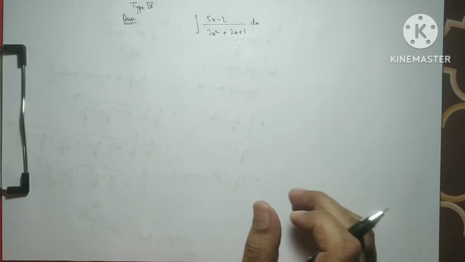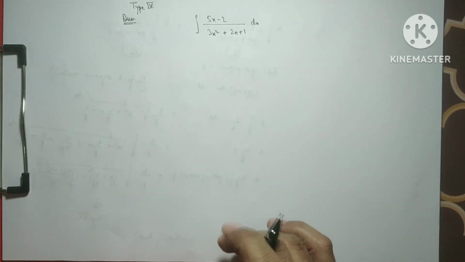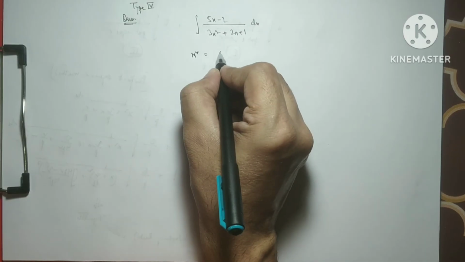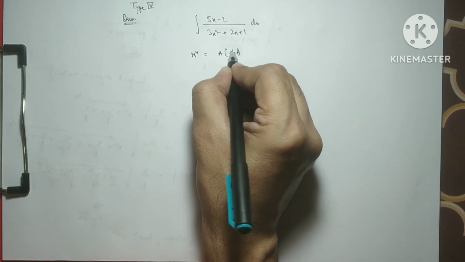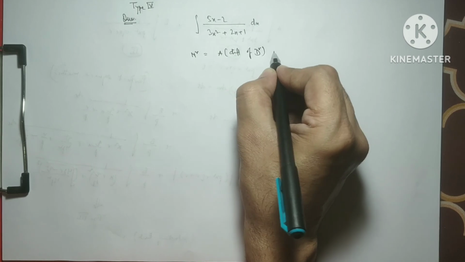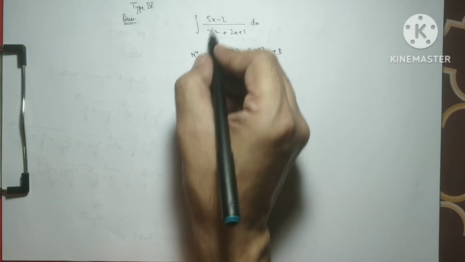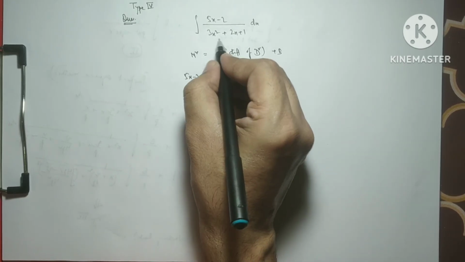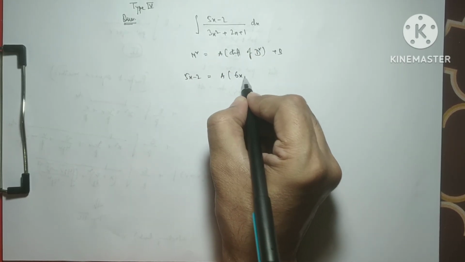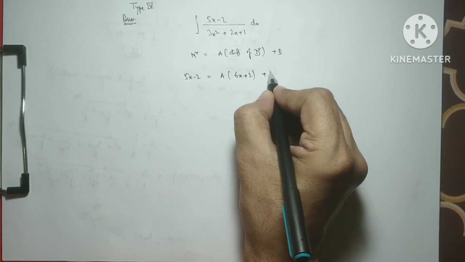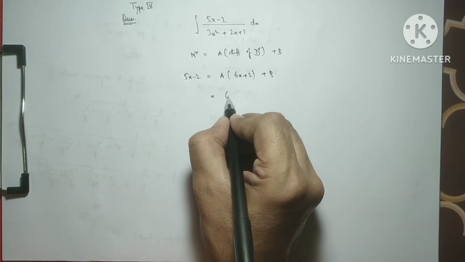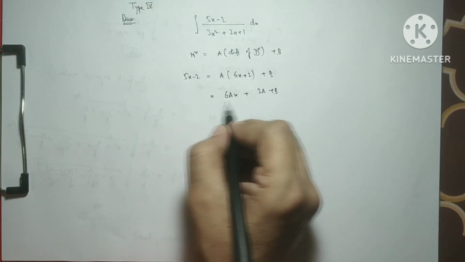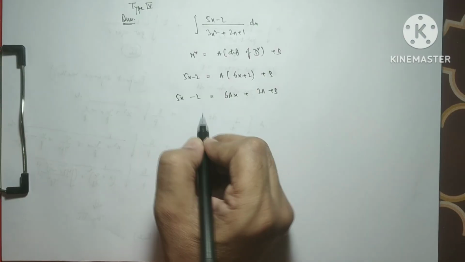So according to our working rule, we will use a times the differentiation of the denominator plus b. It means the numerator is 5x minus 2 and the differentiation of the denominator is 6x plus 2. So on multiplying this we get 6ax plus 2a plus b, and this is 5x minus 2.